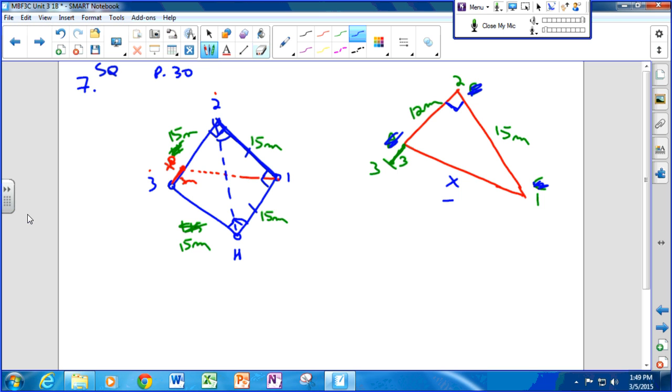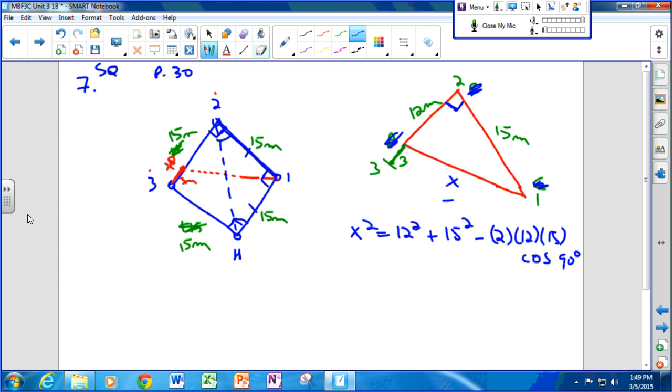So x squared equals 12 squared plus 15 squared. The reason for that is if we were to use the law of cosines, maybe that's what they want you to do, you'd have minus 2 times 12 times 15 cos X, where X is 90 degrees.